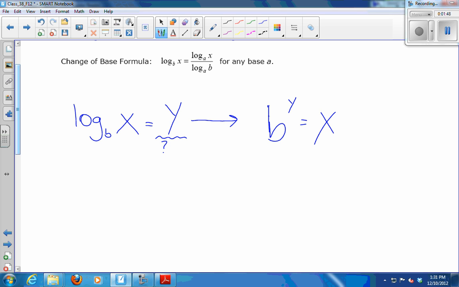So I can take the log of both sides, and I can actually use any base I want, as long as I do the same thing to both sides. So I'm going to take log base a, some new random base, of both sides. The whole idea being I could change it to a base that my calculator can do.